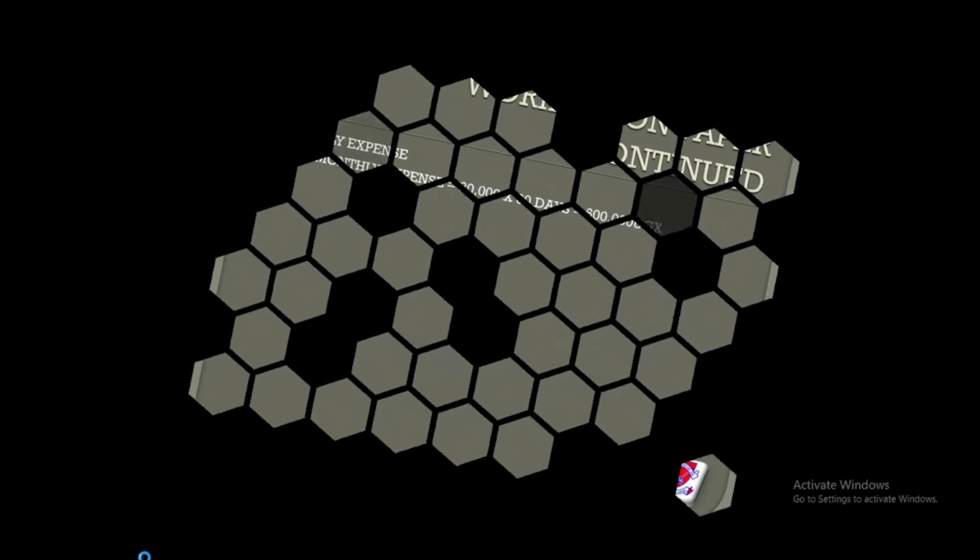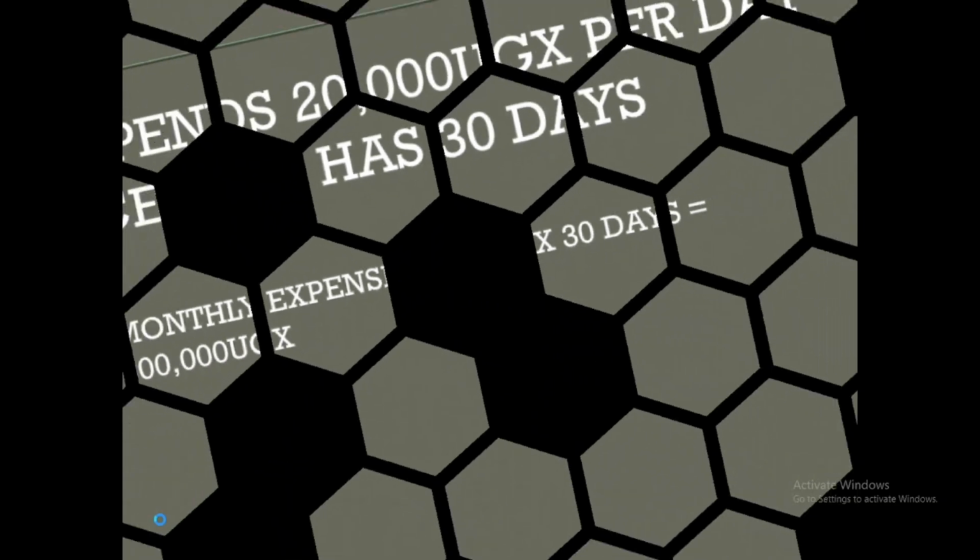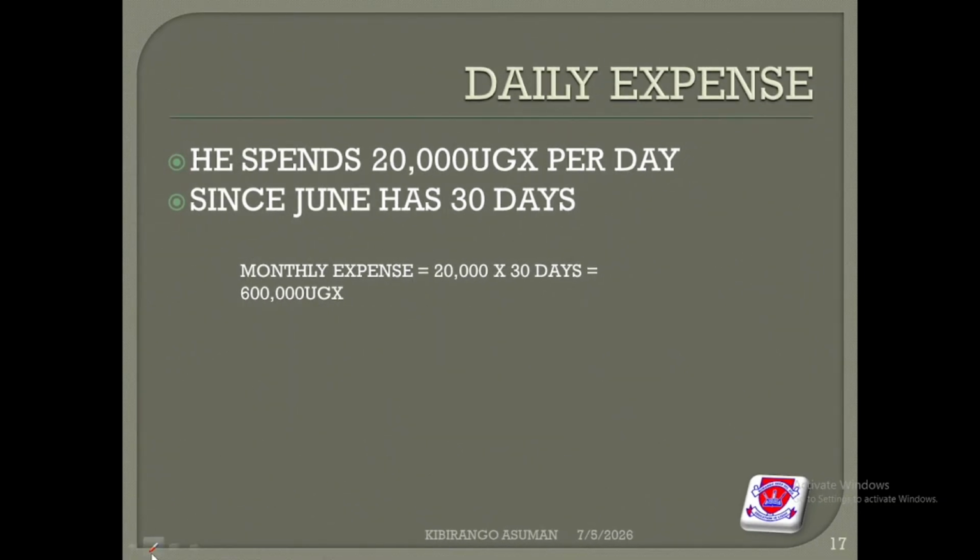This means that we need to multiply it by 30 days. In June we have only 30 days, so the monthly expense is equal to 20,000 Ugandan shillings times 30 days, which is equal to 600,000 Ugandan shillings. So in June he spent 600,000 Ugandan shillings.